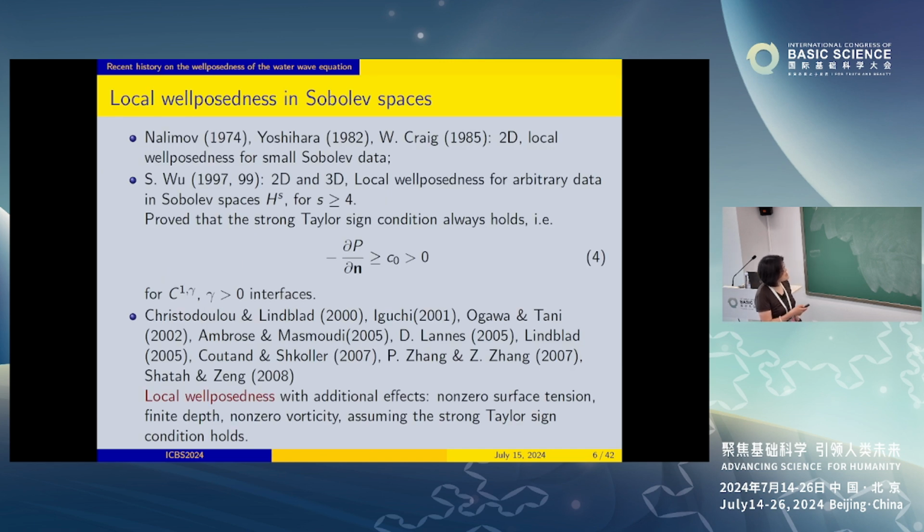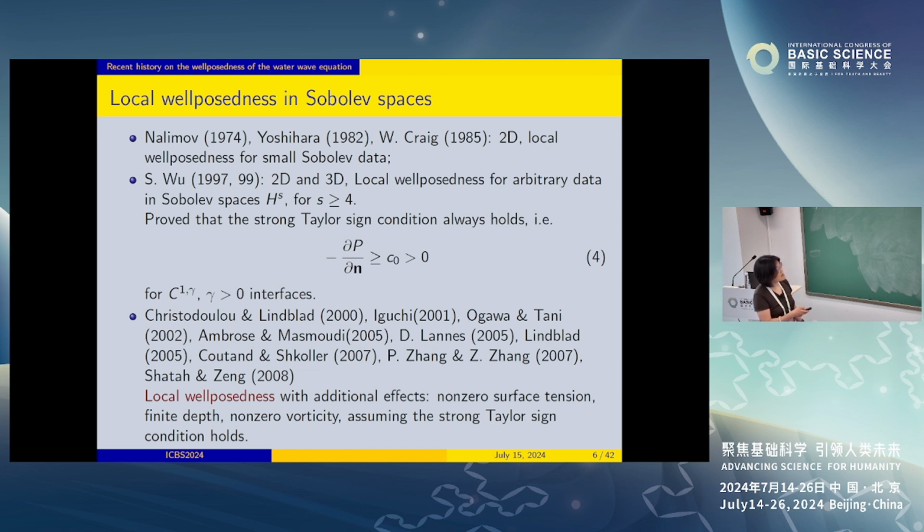Okay, so by now there are many studies on the water wave problem, okay? Here are the more recent results, just local well-posedness in Sobolev space. The first work was done by Nalimov in 1974 for small data, okay? So if the data is small, this is infinite depth and two space dimensional.